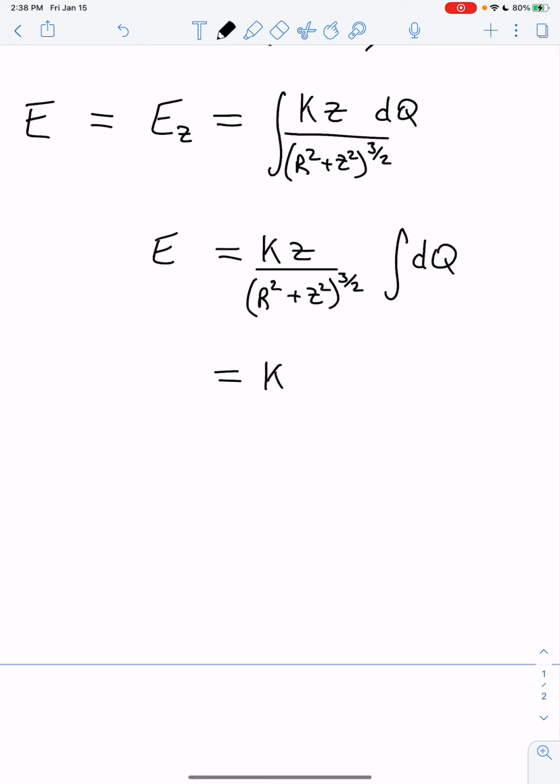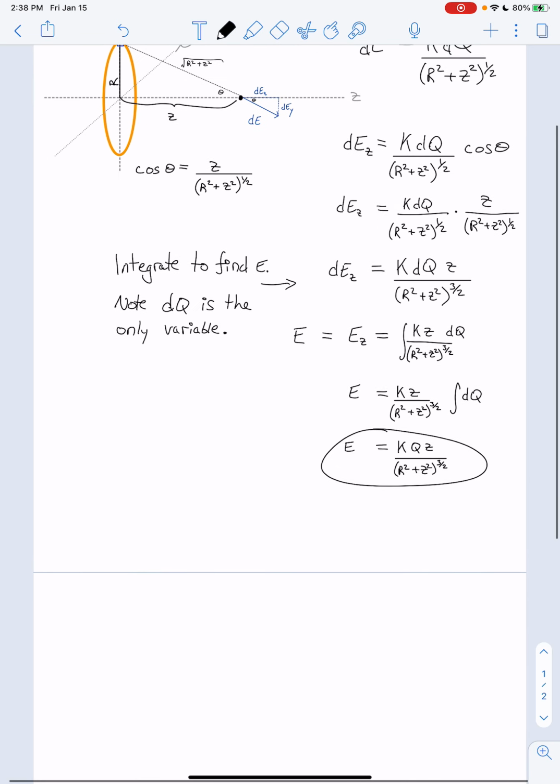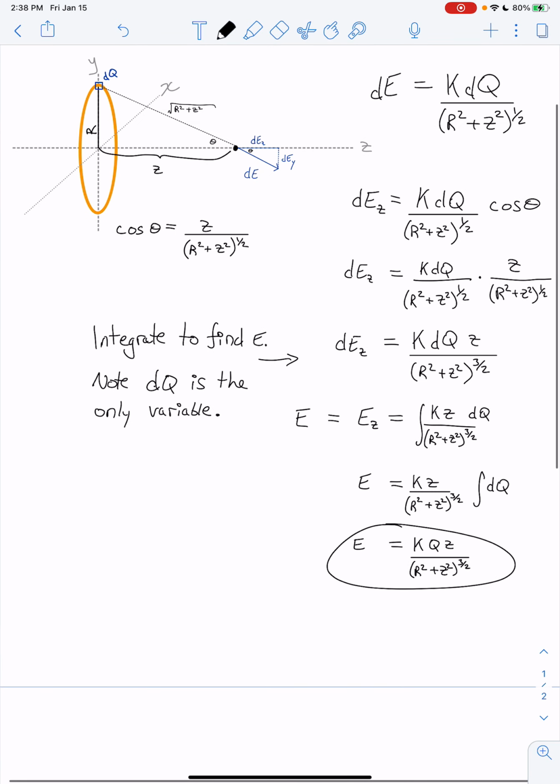So we have k q z over r squared plus z squared to the 3 halves. And there we go. That's the electric field along that line for a ring of charge, making use of the fact that there's useful symmetries that simplify this problem.